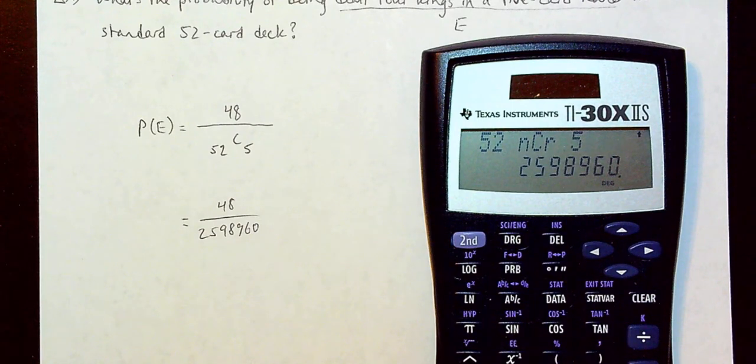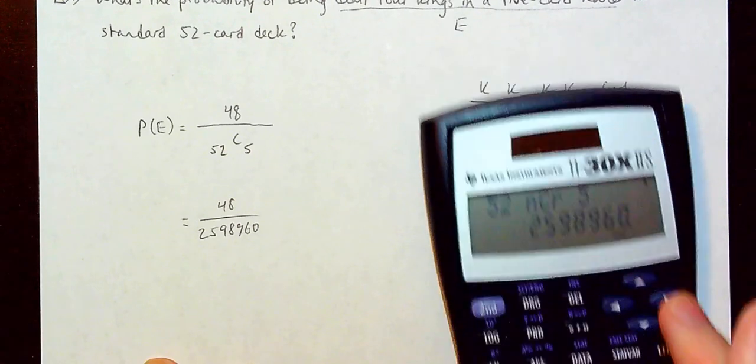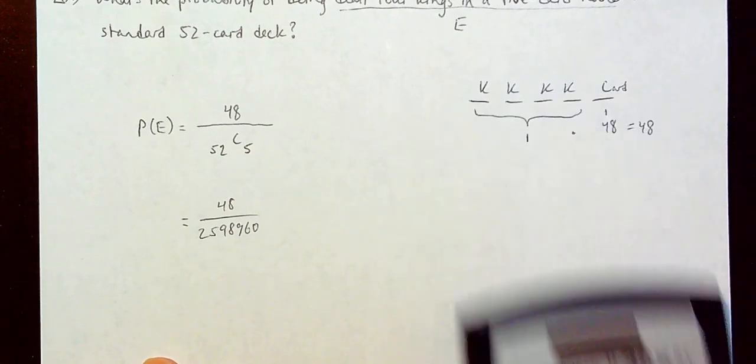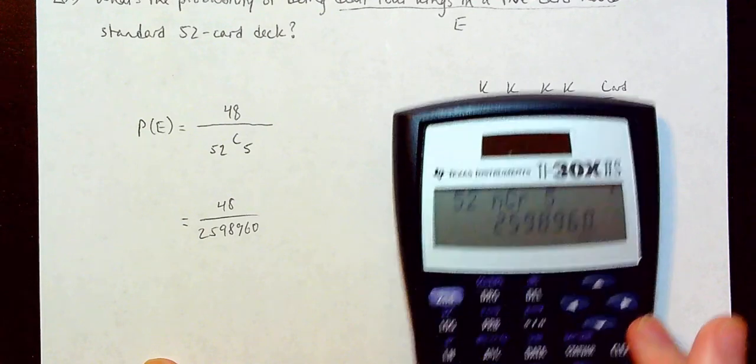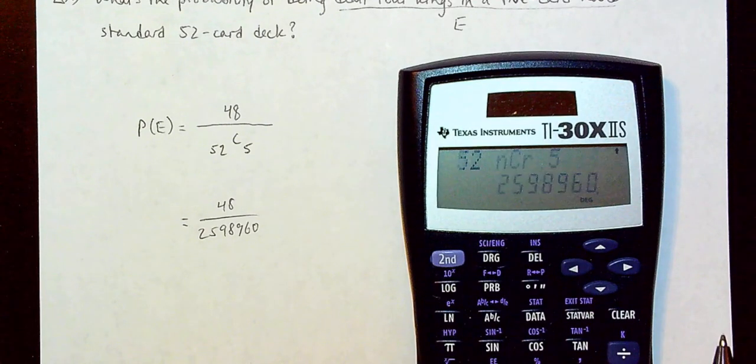So 48, as we said, over 2,598,960. Typically we would like to simplify these out more, and you can. But when it comes to large values like this, sometimes it's more interesting to look at it as a decimal.